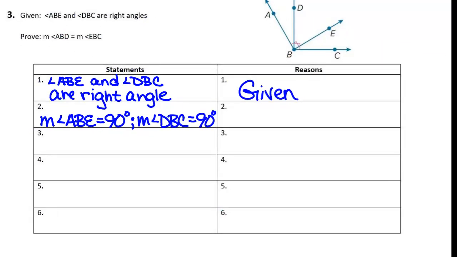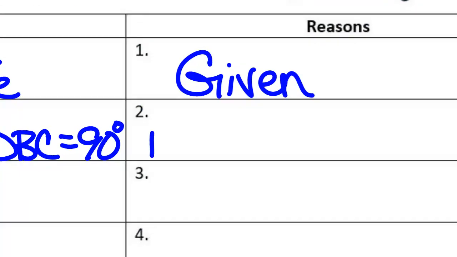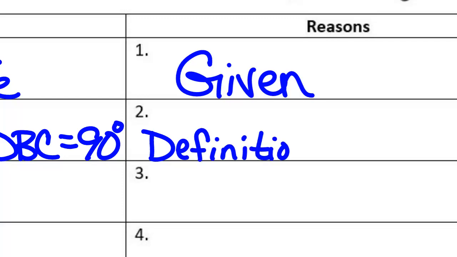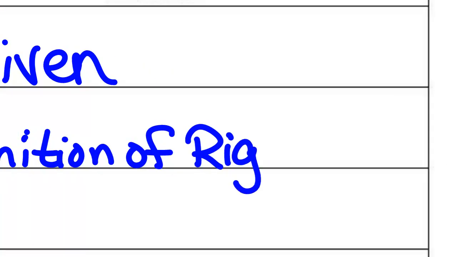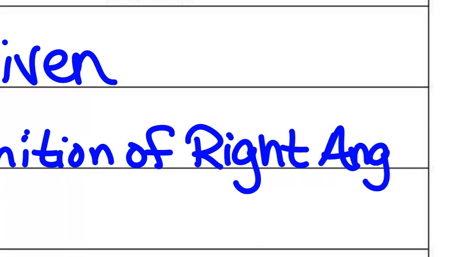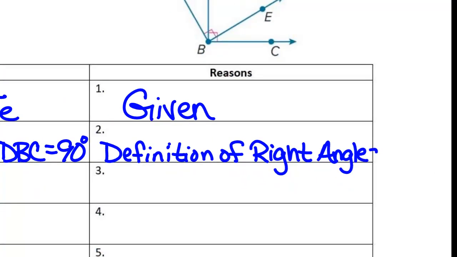What did we use to be able to say that? They told us that they were right angles, and we said, I know that means they equal 90 degrees. Definition of right angles. Nice work.